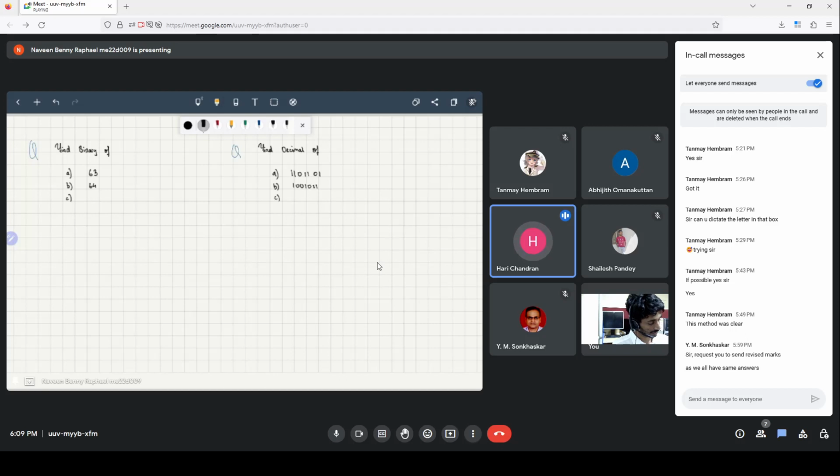For 63 in 8 digits, all are ones. That's true. And 64 is a 1 in the leftmost place and all the rest are 0. Yeah, that's correct.